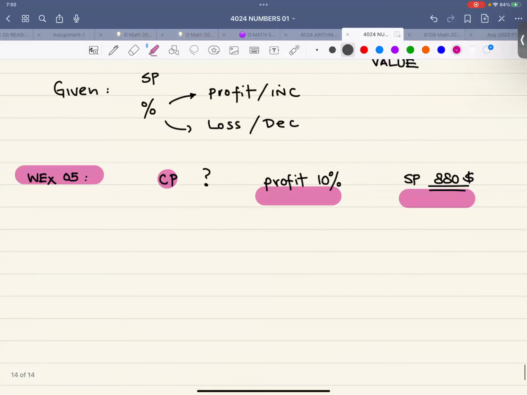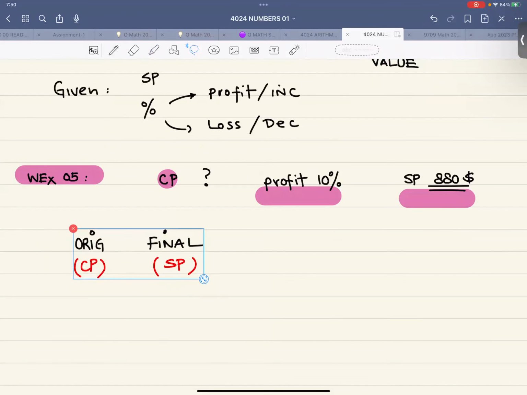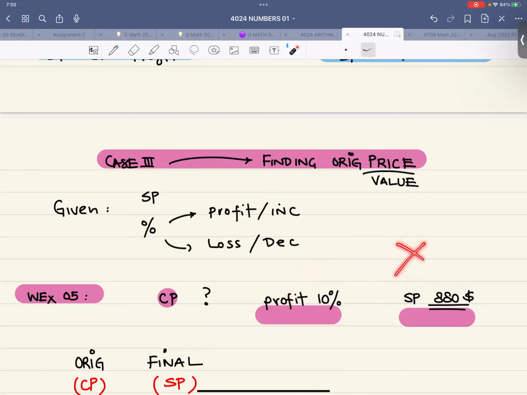Now, I'm giving you the hint here. Are you getting the hint how to work it out? Yes, it's again the same thing: original price, final price, cost price, selling price. Just follow this rule. Some of you might be thinking, and some of you have written it, to calculate 10% of 880.